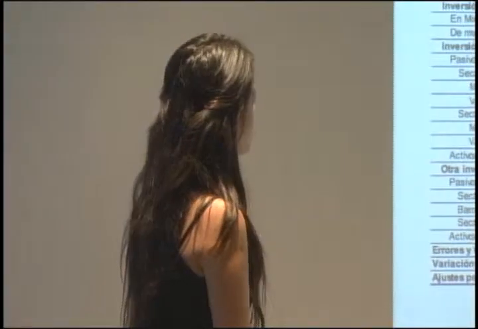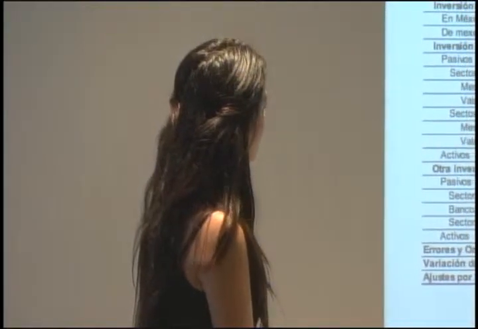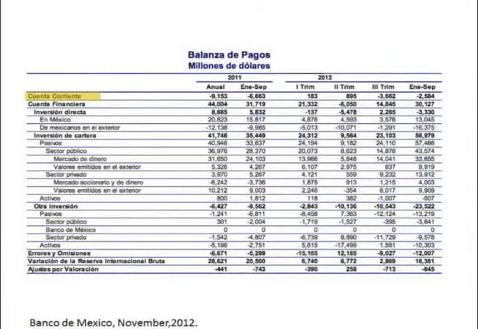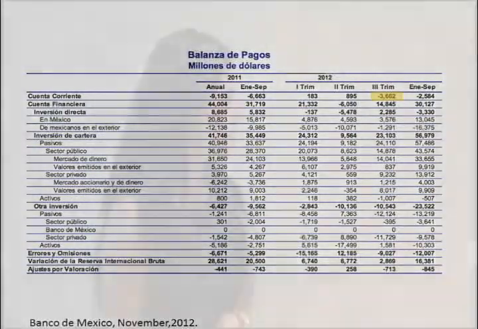Now I'm going to show the balance of payments. It's in Spanish, but here it is shown that the current account had a deficit of 3,662 by the end of the third trimester.